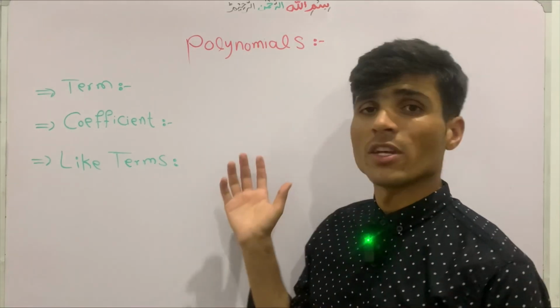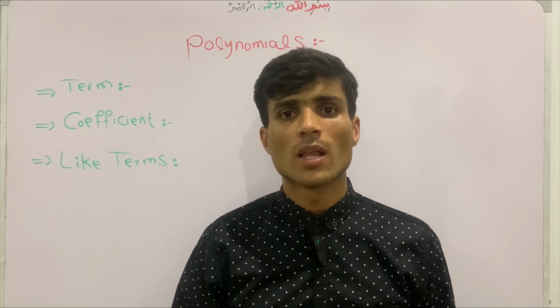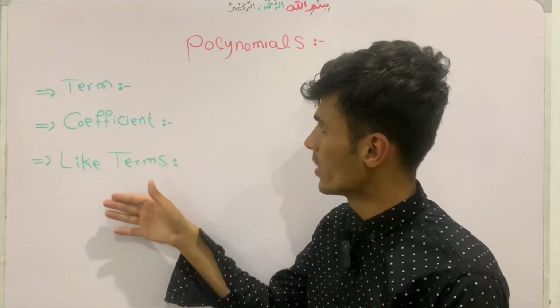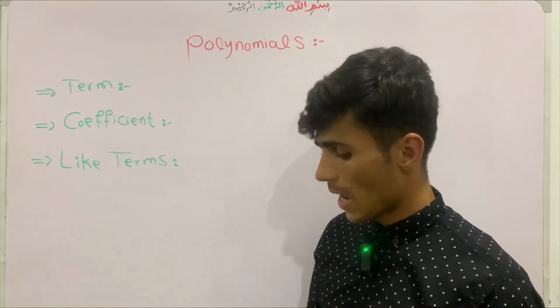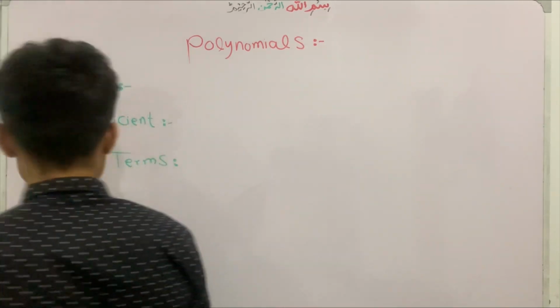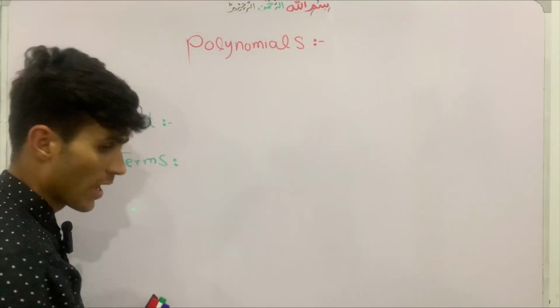But before jumping into the polynomials, you should think of some basic terminologies being used in polynomials, and some of them are written here below. I'm going to start by explaining the term, right? Here it's written term. What really is a term?